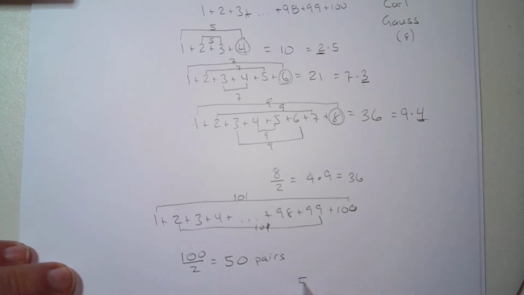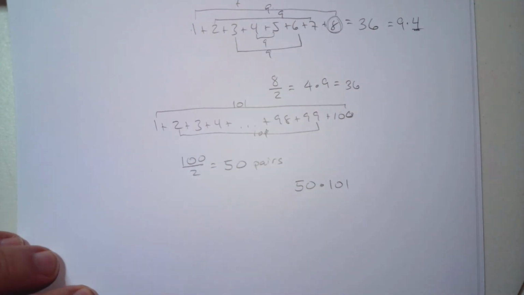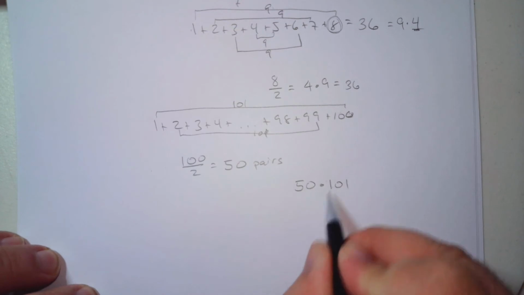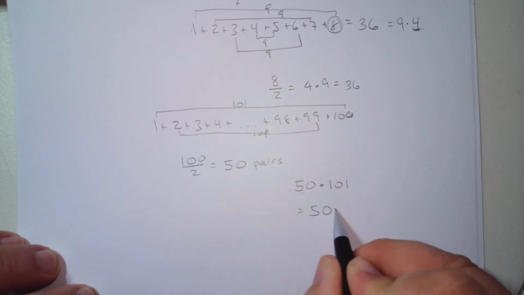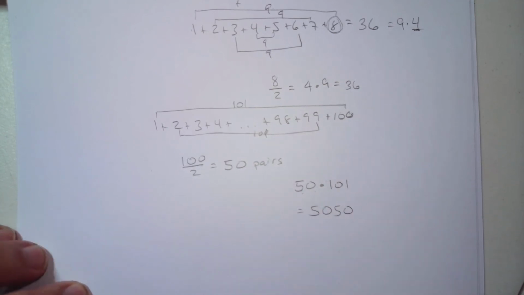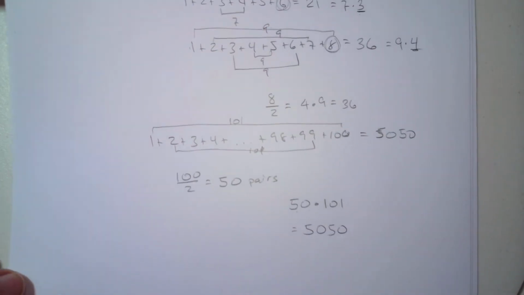So it was 50 times 101. When you multiply those together, 5 times 1 is 5, 5 times 0 is 0, 5 times 1 is 5, and add a 0, because whenever you multiply by tens, just add a 0 behind it. So he went to the teacher and said all these numbers equal 5,050. That upset the teacher, because there goes his free time.